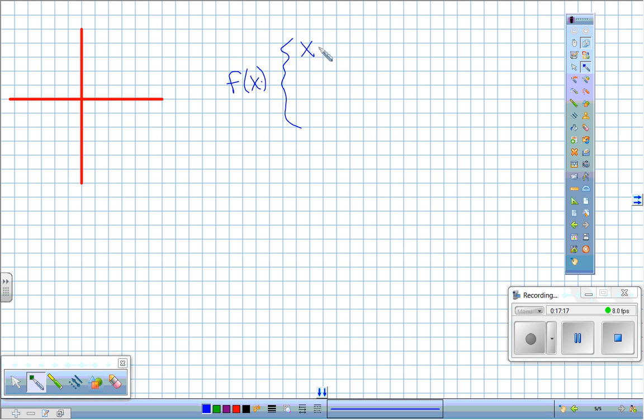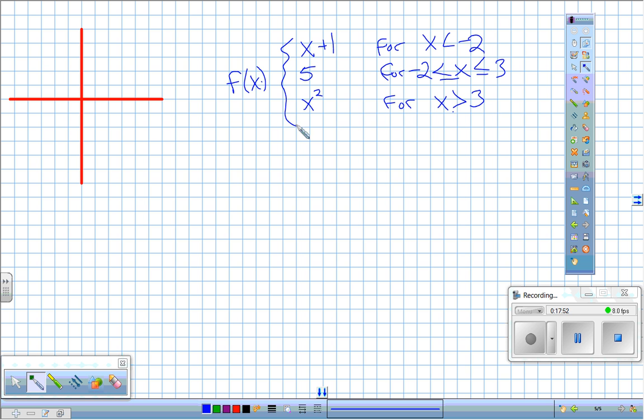And it says my function equals x plus 1 for all my x's that are less than -2. And then it's equal to 5, which is going to be a constant function between -2 and 3. And then it's also equal to x squared for x is greater than 3.